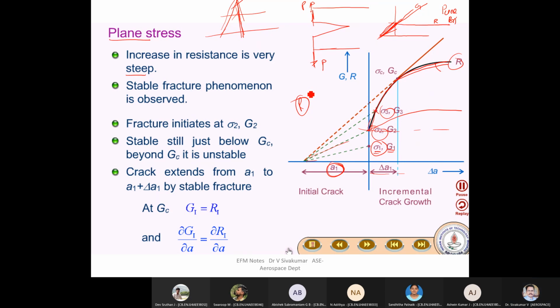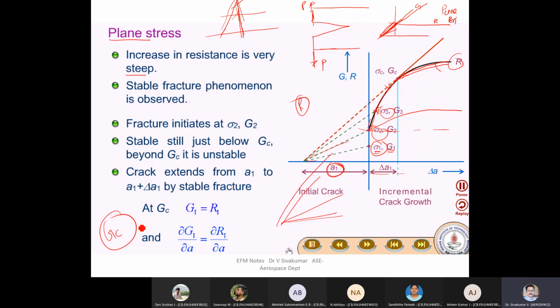Even if you change the initial crack length, you are getting different sigmas, and each sigma is touching different R values. Then only the crack comes. Then it is very difficult for me to fix a single value for a material, which is its critical GC.